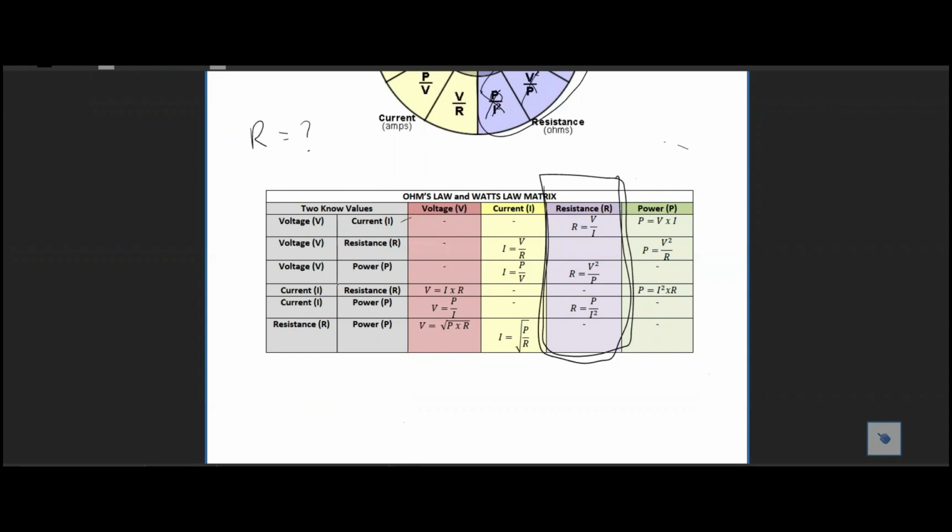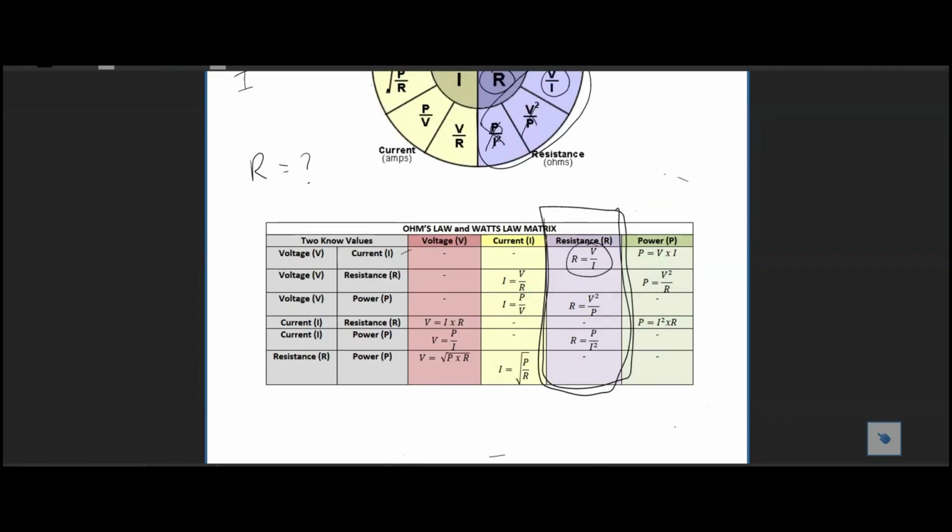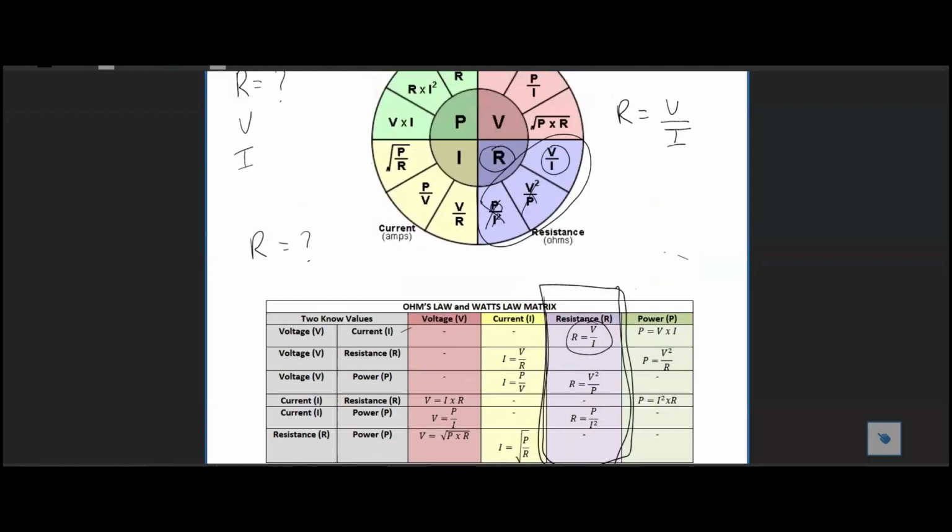For example, if we knew the voltage and power, we could use this formula right here to calculate the resistance. If we knew the current and power, we could use this one. But we don't know the power for this particular question. But we do know the voltage and the current. So the same formula is found there on the matrix.